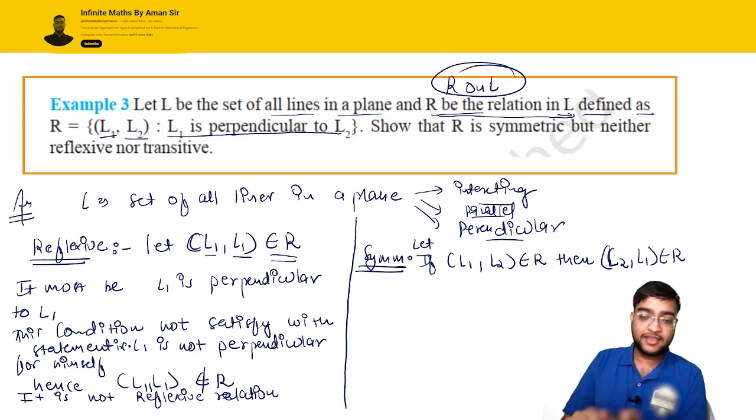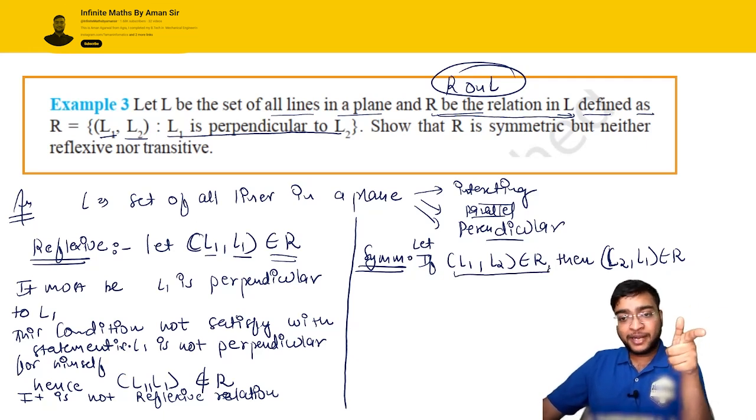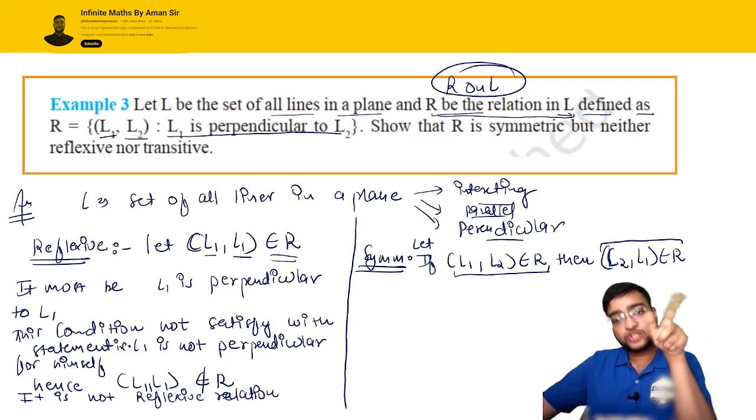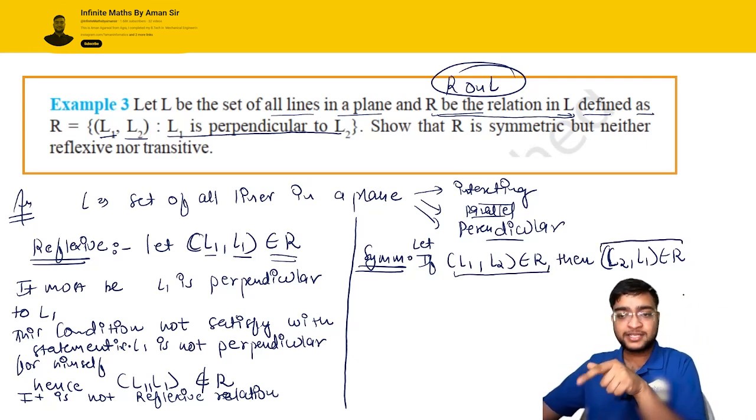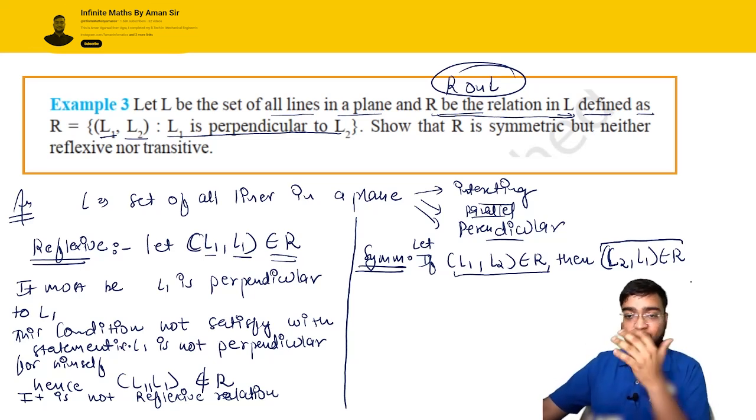I am just letting these values. I want to find whether that is also in my relation. If it is not in my relation, then I say it is not symmetric.